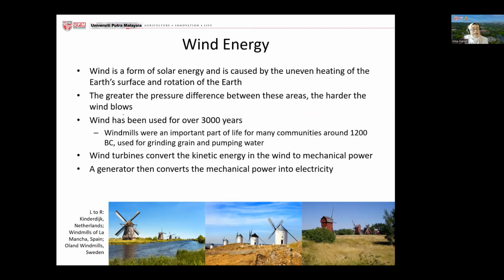So basically, windmills have been around for a very, very long time. It's been used for over 3,000 years. And it's actually an important part of life for many communities around 1,200 BC. Back then it was used to grind grains and to pump water, because back then people were heavily dependent on agricultural activities.